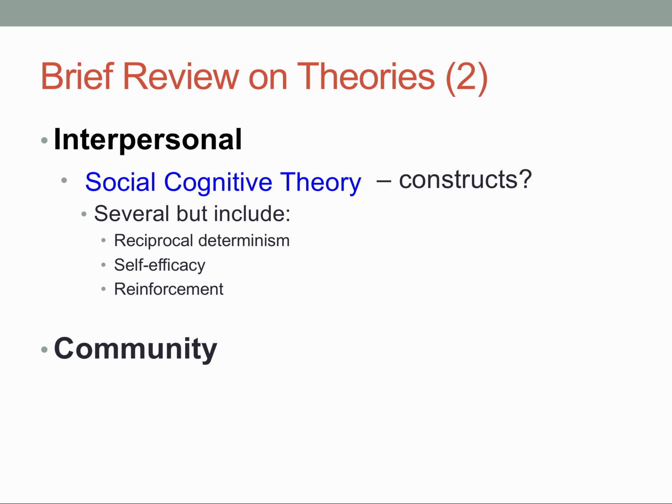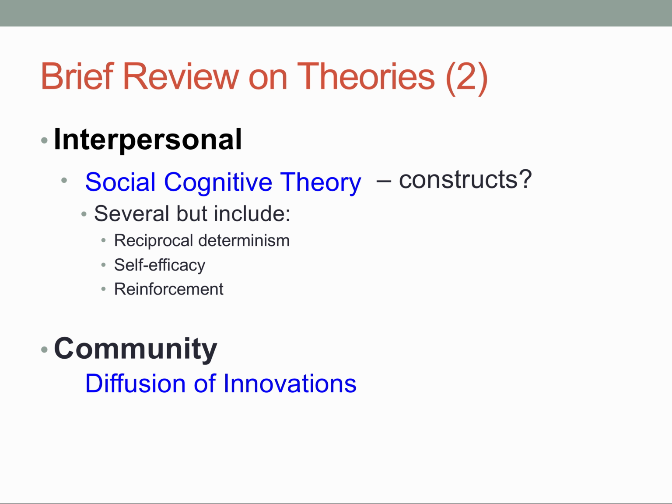And then there was one that had to do with community, larger groups of people, with constructs related to early adopters, laggards, thinking about advertising and promotion, and thinking about how you're going to diffuse innovations. So diffusion of innovations was the community theory.